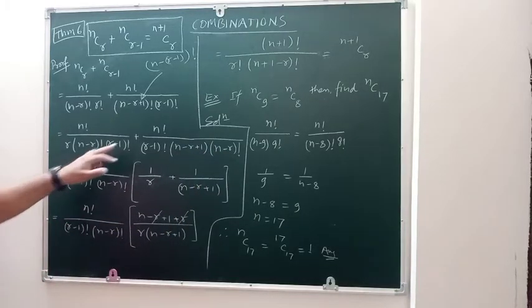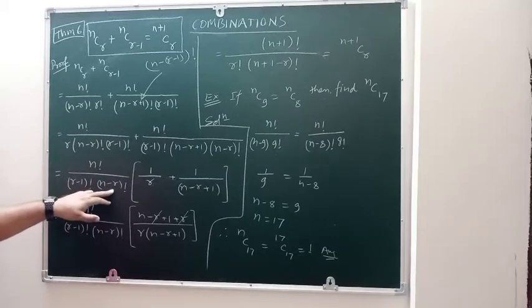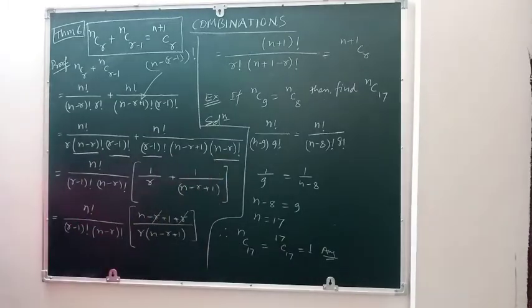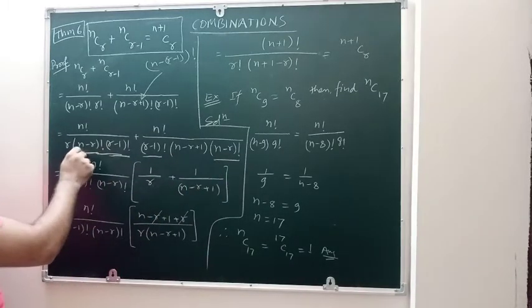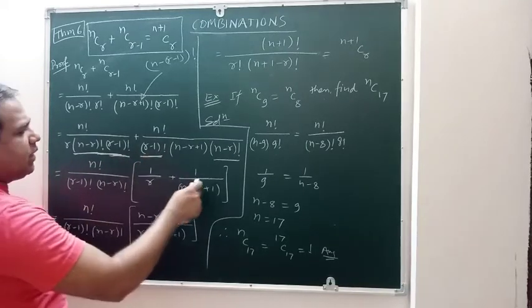In these two terms I have taken common n factorial, (n minus r) factorial, and (r minus 1) factorial.